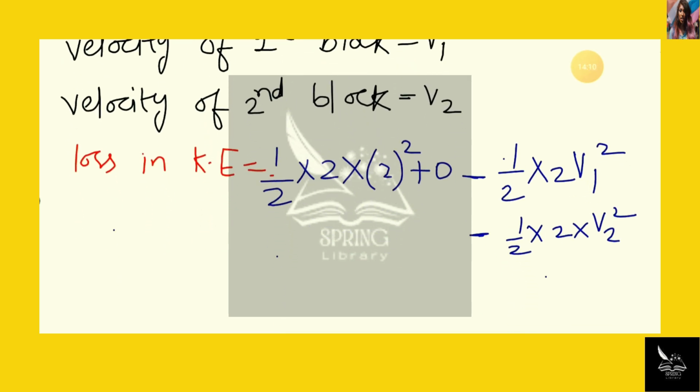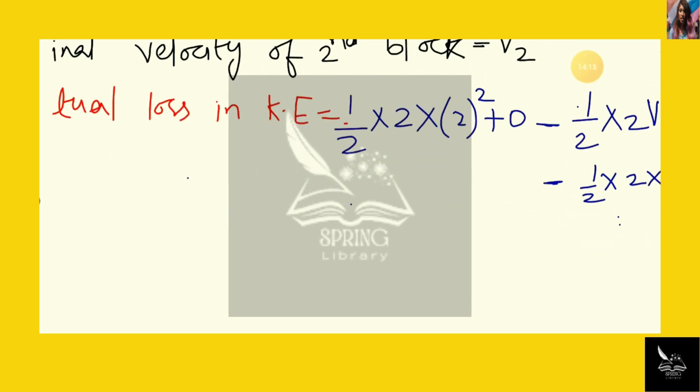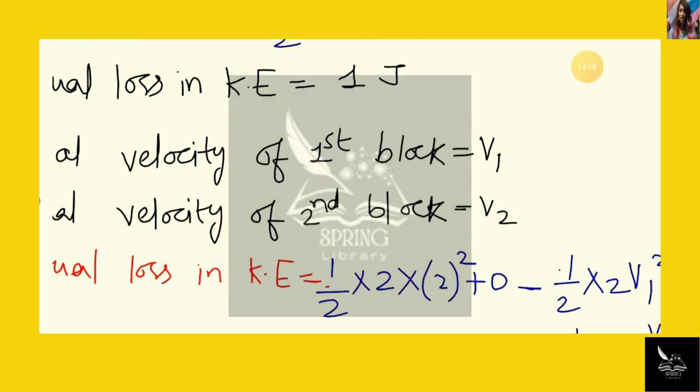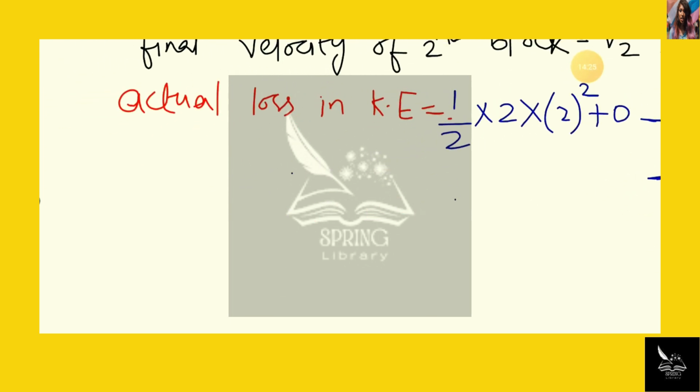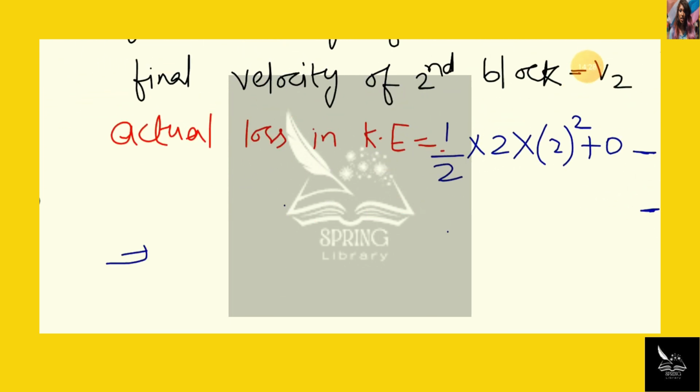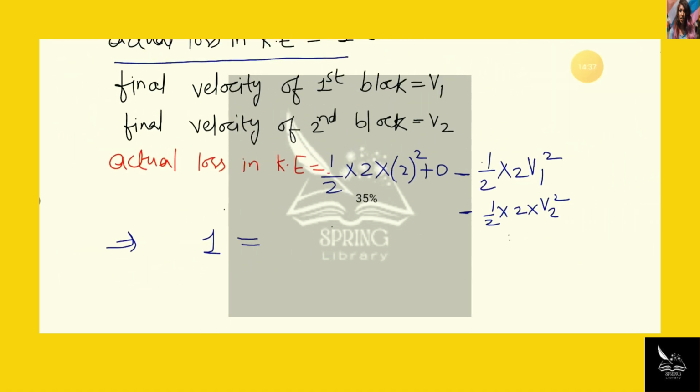So now simplify it, and use the line that the actual loss in kinetic energy is equal to 1 joule. So I am putting the value 1 on the left side, and the right side, after simplifying, is 4 minus parenthesis v1 square plus v2 square.